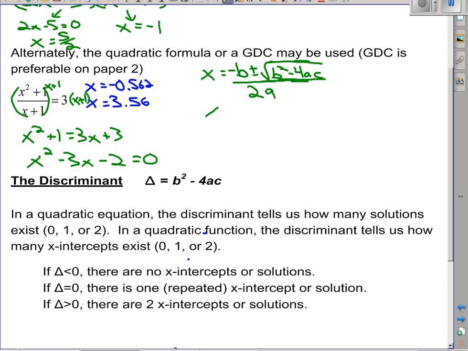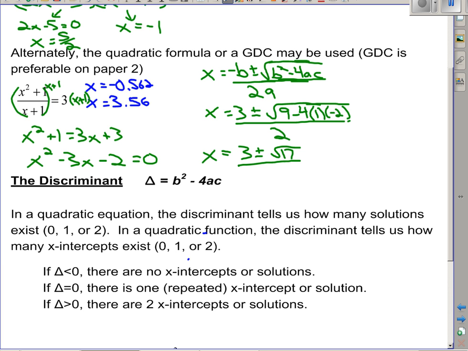Now put in our values. So negative b would be 3 plus or minus the square root of b squared, that's 9, minus 4 times 1 times negative 2, all over 2 times 1. Gives us solutions of 3 plus or minus the square root of 17, over 2. It's great, we don't have to simplify that because 17 is prime.